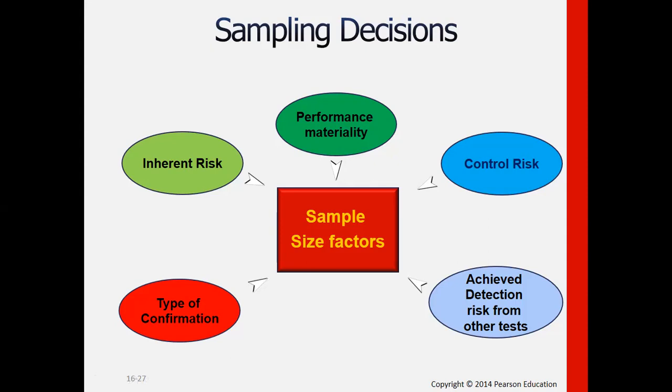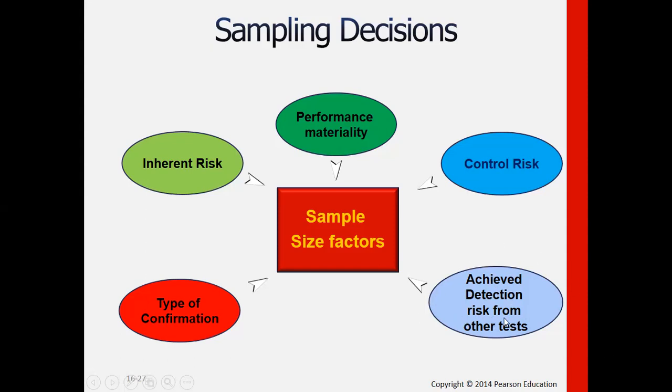For positive, normally the positive confirmation would deal with accounts receivable balances that are bigger but normally few. So therefore, if few items, the size would be small. But for the negative, the population is big, therefore the size would be lower. Then achieved detection risk from other tests.